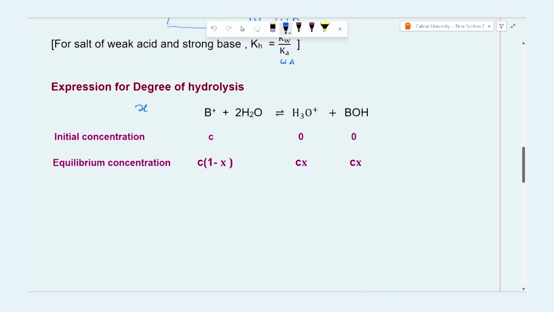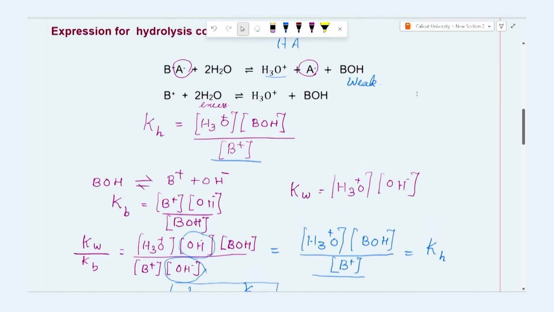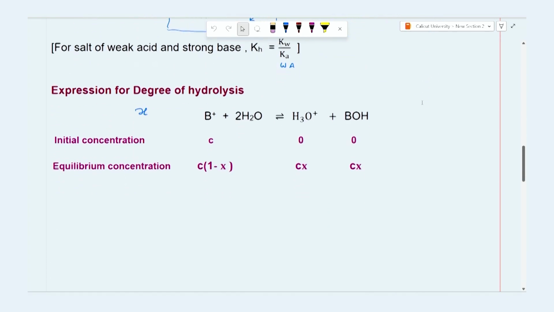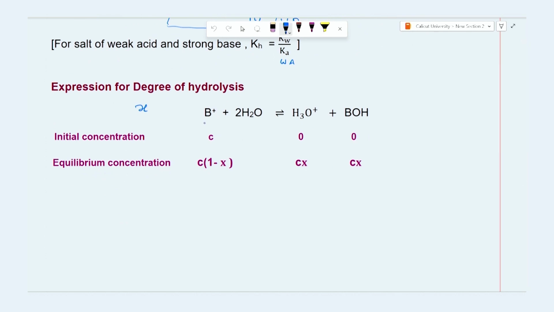Now, again I am going to take the same expression we have arrived at here: B plus plus 2 H2O reversibly gives H3O plus and BOH.